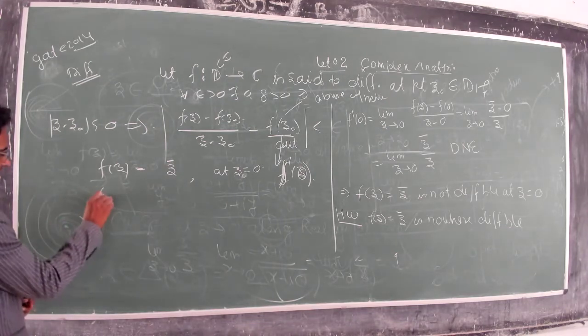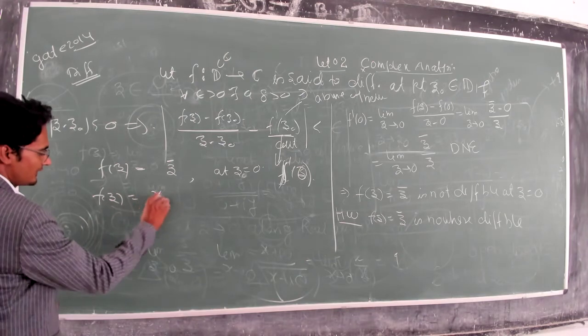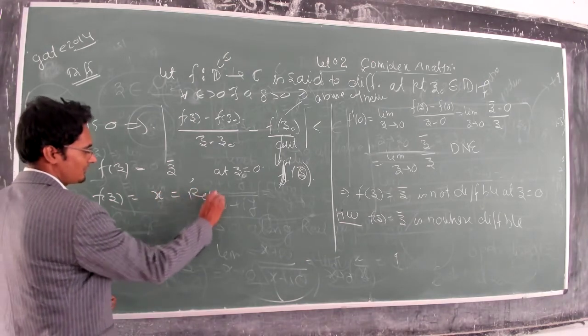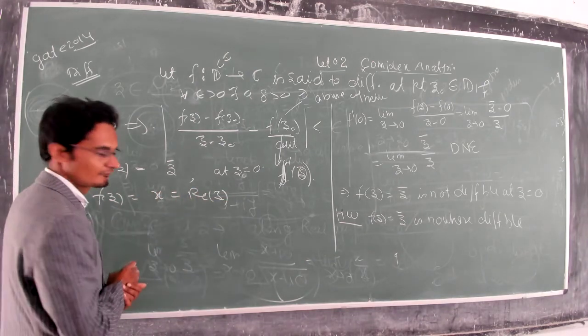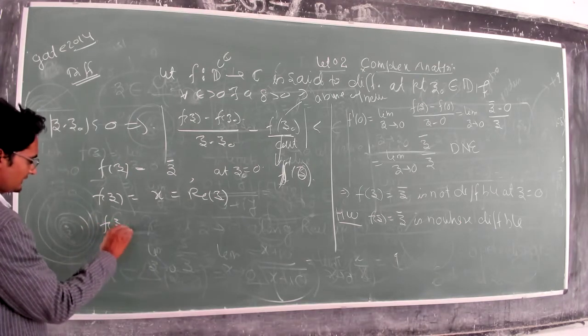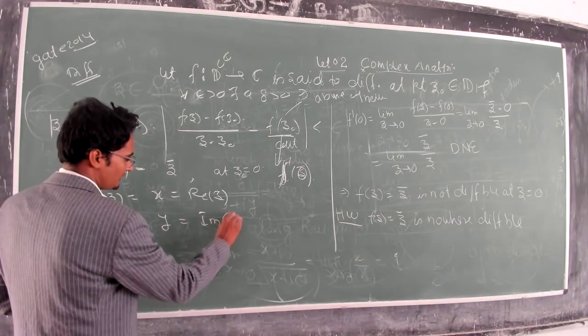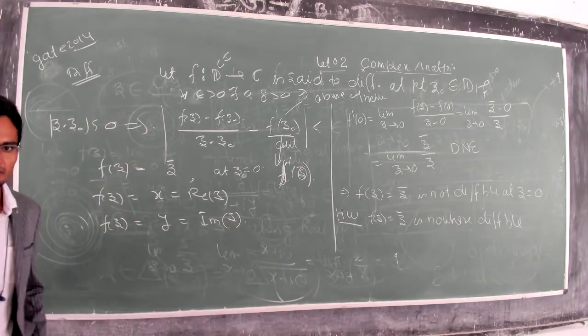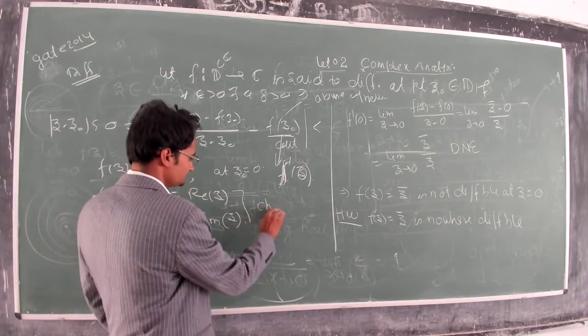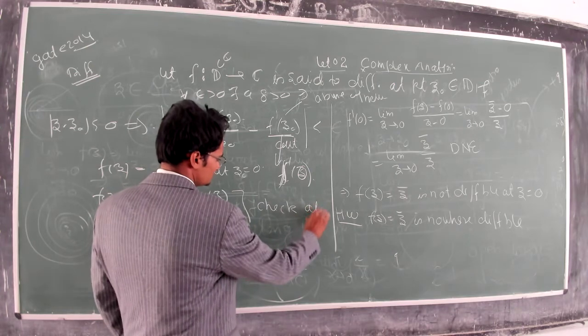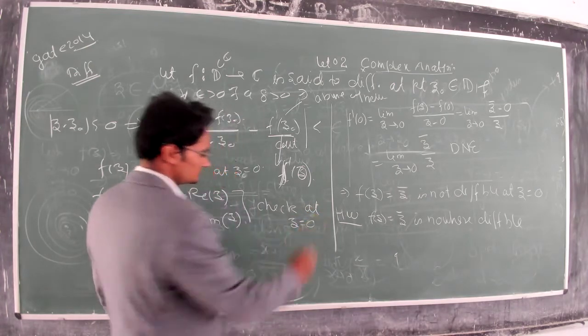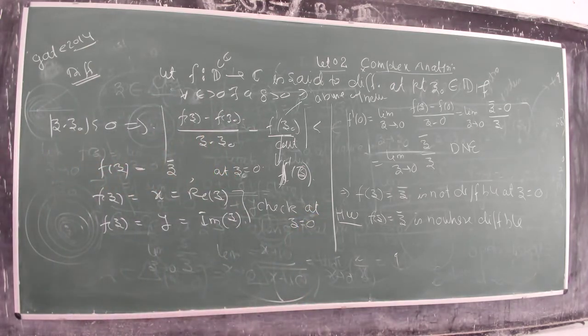Let's see. f(z) is equal to x, some people say real part of z. Or f(z) is equal to y, imaginary part of z. Check the differentiability at 0. Find out.